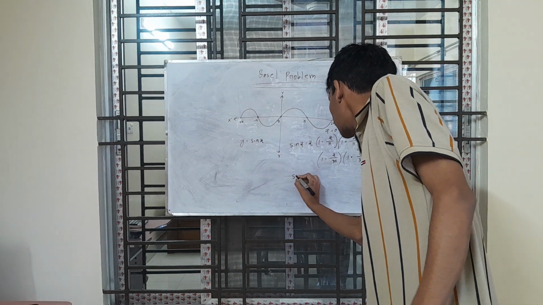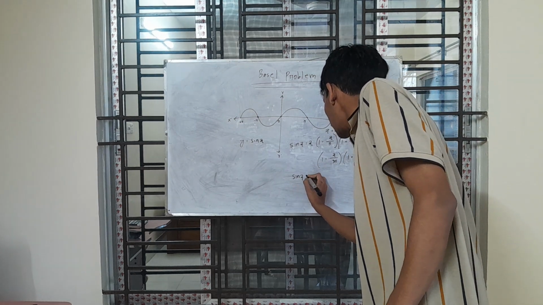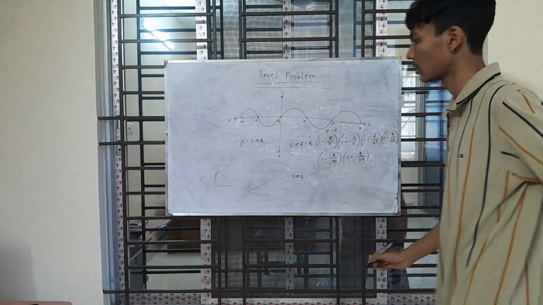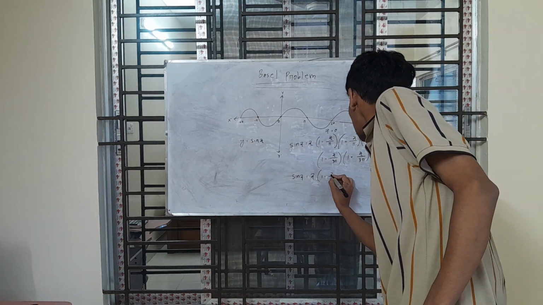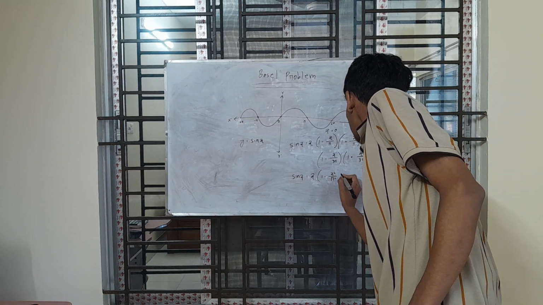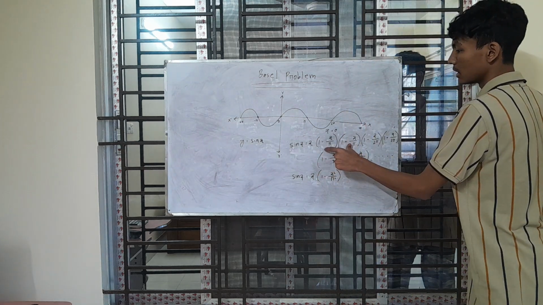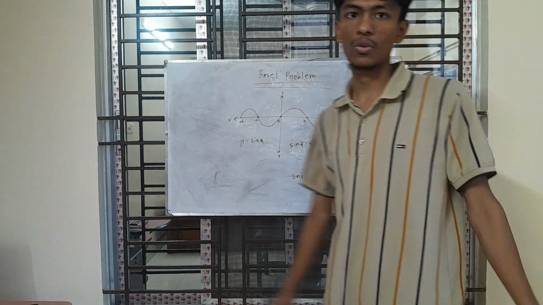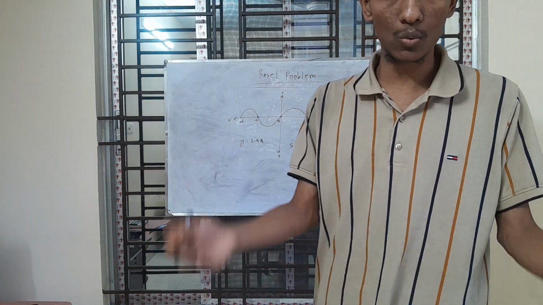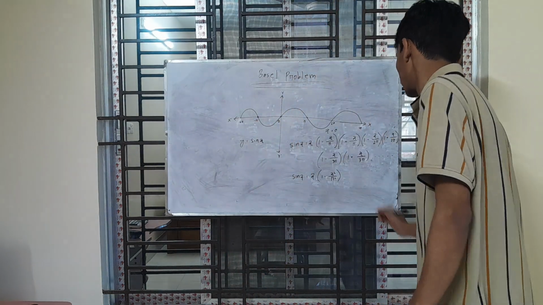So if we multiply those, we write x into 1 minus x squared over pi squared. We could formulate this using the a minus b into a plus b formula, that is a squared minus b squared, right?